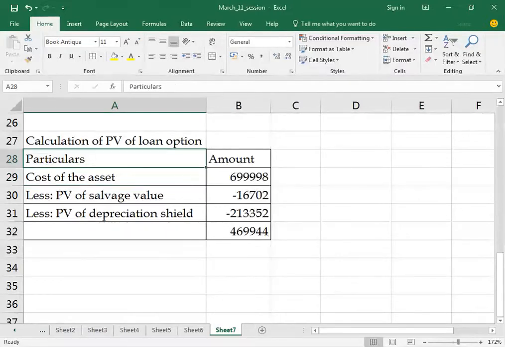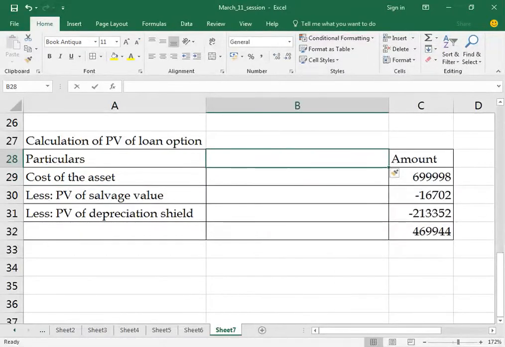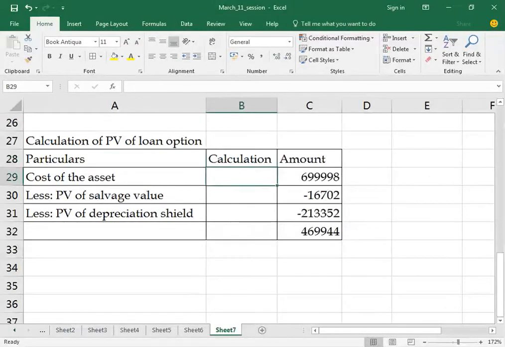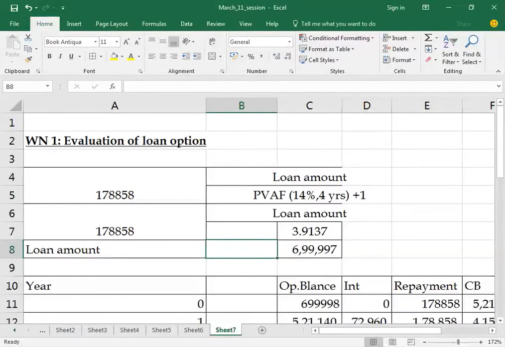So, particulars, calculation, amount. One calculation anyway you have to do: this cost of the asset calculation. Particulars, calculation, amount, cost of the asset in bracket note 1, and show this calculation. How we got this loan amount? 6,99,998.